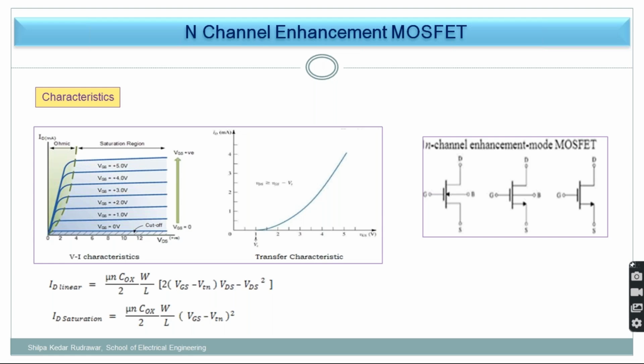Now the next application that everyone knows is the amplifier. In an amplifier, whatever signal I give, I require the same signal but with increased amplitude. Size should be the same, shape should be the same, but I want increased amplitude. So for that application, in which region should the transistor work?